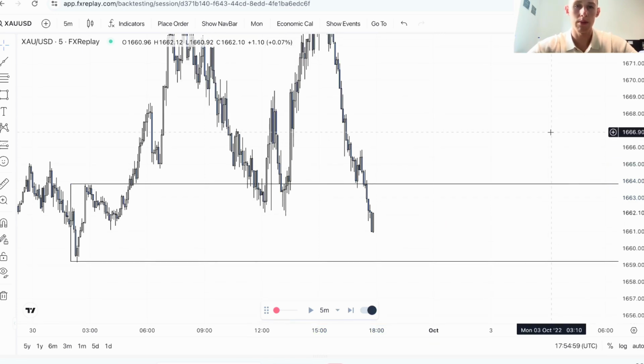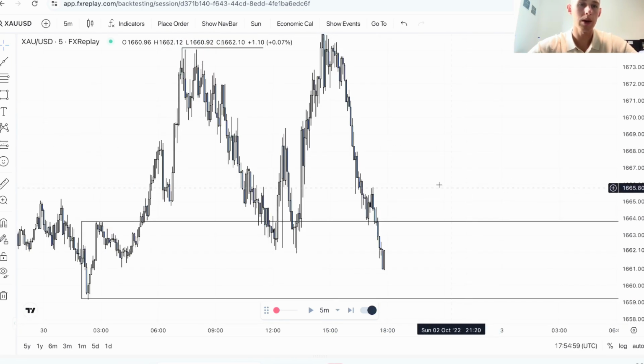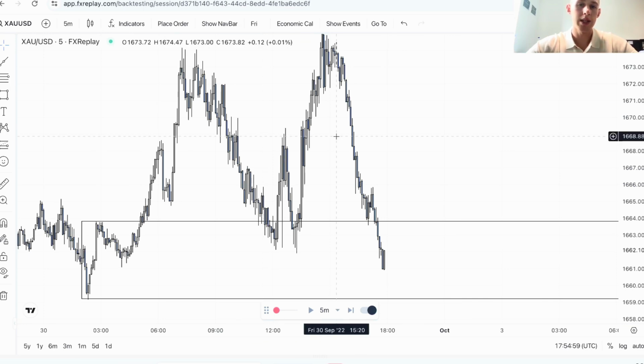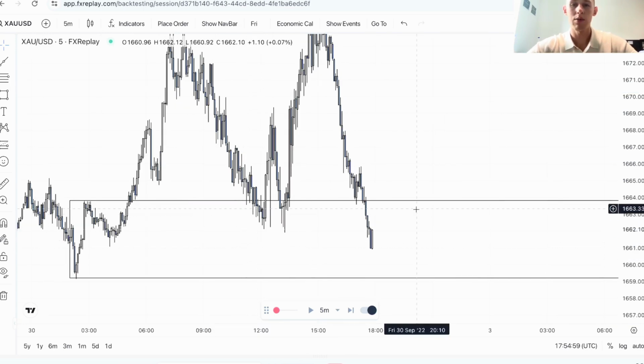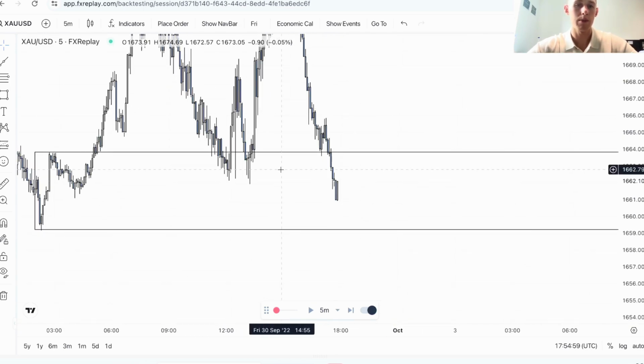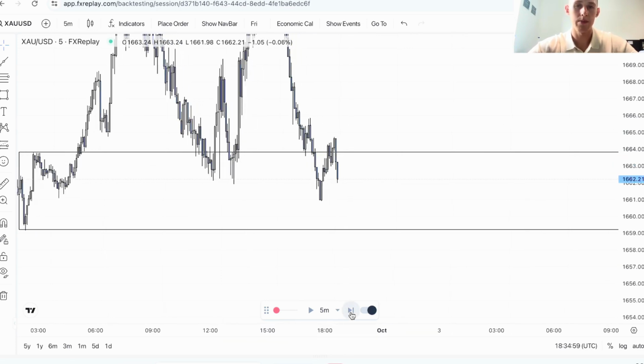Okay, cool. So price wants to go a little bit lower. This whole region that price is in right now would still be valid for me because we've had a sweep of this. So let's see what happens here.